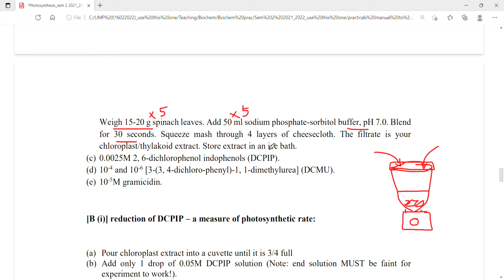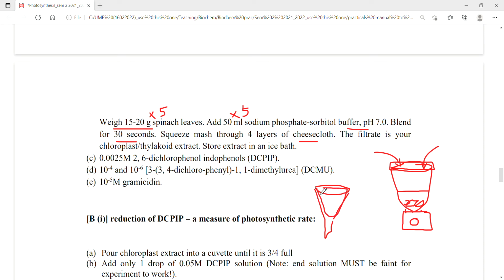And then what we do is we put in a filter funnel. We use this cheesecloth. Just Google it, you will see what the cheesecloth looks like. This is a big funnel.